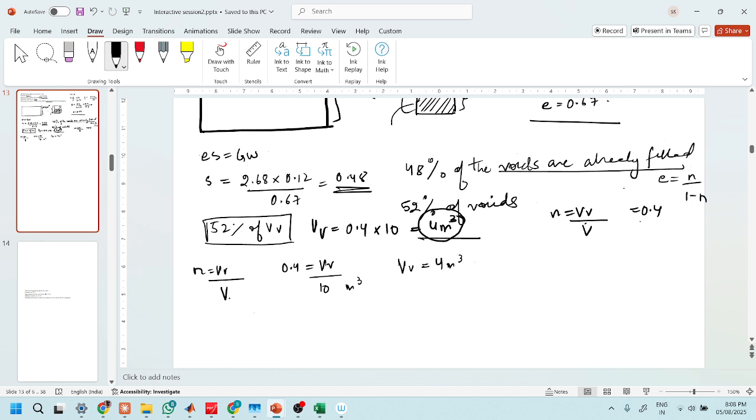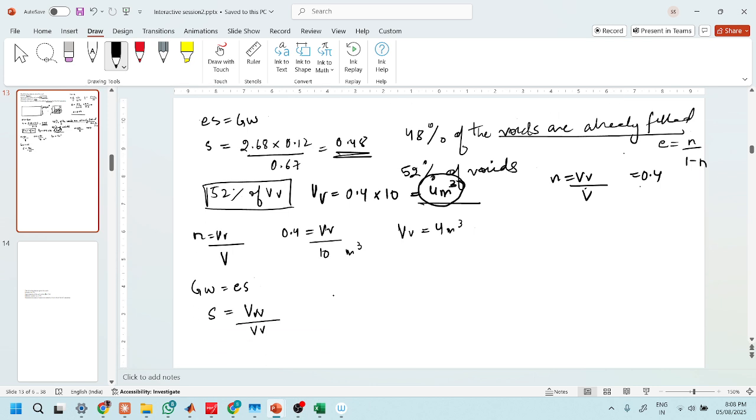And from Gs equals Se, we calculated S. That means volume of water over volume of voids that is already present, which was 48%.